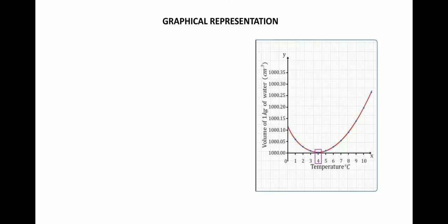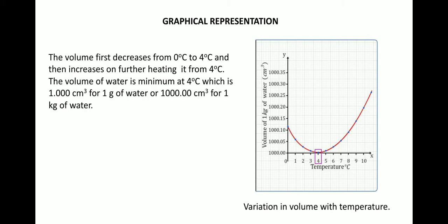Let's see the graph. Down there on the x-axis, we can see it's marked with temperature, and on the y-axis, it is marked with the volume. So this is the variation in volume with temperature. The volume first decreases from 0 degrees Celsius to 4 degrees Celsius, and then it increases on further heating from 4 degrees Celsius.